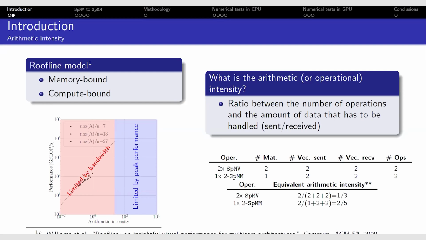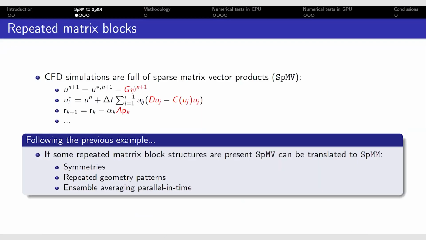So this rings a bell of saying, okay, why don't we try to exploit this in order to increase the arithmetic intensity? CFD simulations, as we can see here, and as you most likely know, are full of SpMVs. For instance, when projecting the velocity vector, usually it's a sparse matrix vector product or something similar that has the same shape but is stencil based.